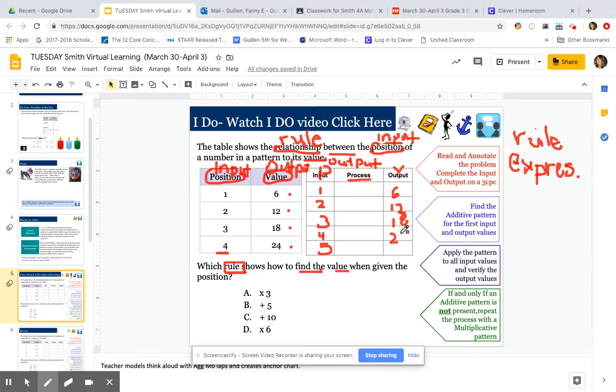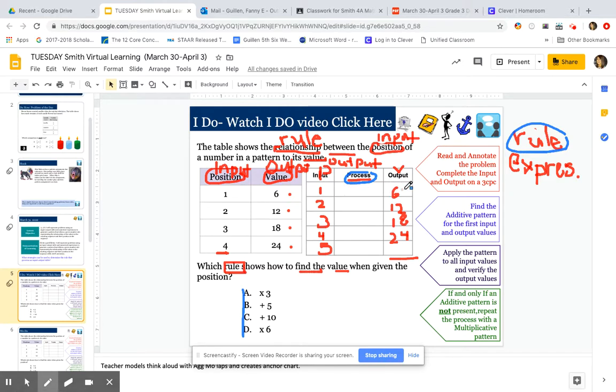What comes next? I don't know yet because I still need to find my process or my rule. I can either start by plugging in the rules that were already given to me, or I can start by doing my own, starting off with an addition or a multiplication or a division.